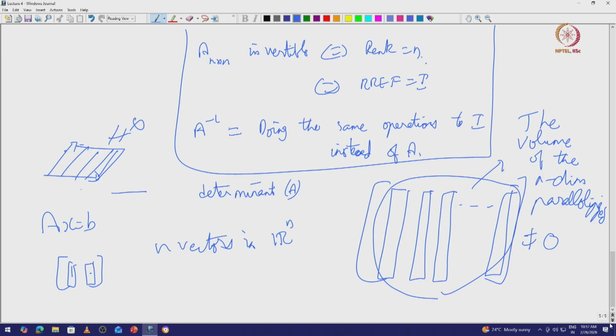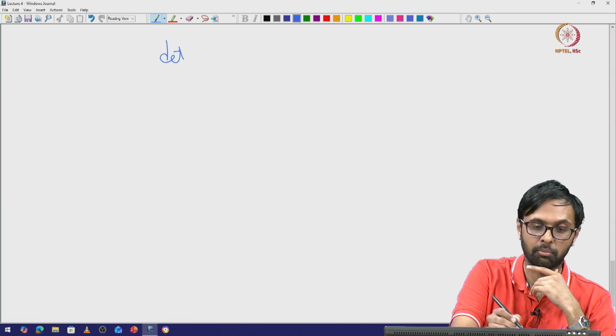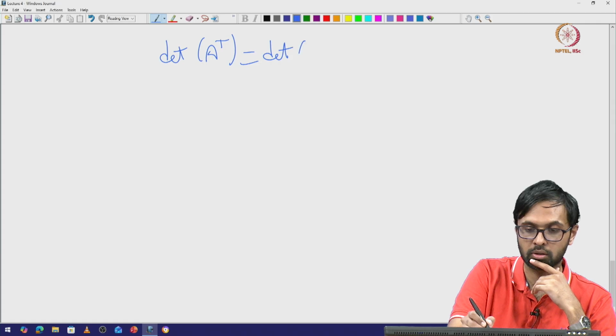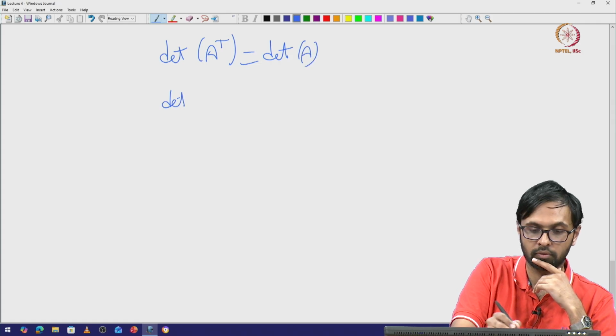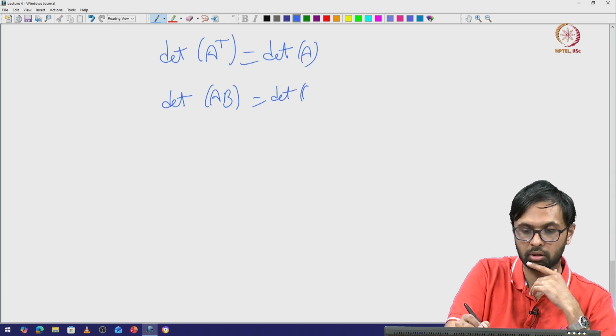I won't recall the precise definition of a determinant. It's an alternating multilinear normalized map. But more importantly, the properties of the determinant are more important. So for example, the determinant of A transpose equals the determinant of A. The determinant of AB, this is crucial, is determinant of A, determinant of B.